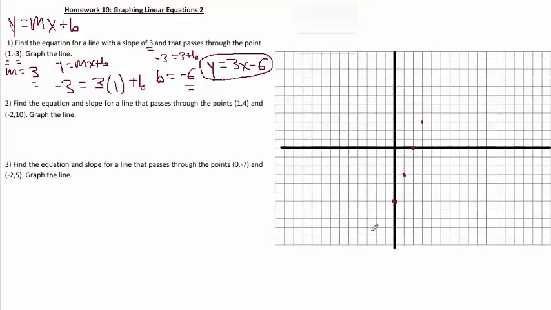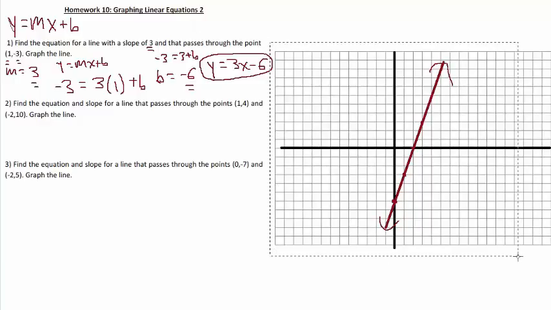And then we go ahead and draw the line, and that is our line. Of course, we could put arrows on the ends, write the equation if we like, but this will be the line. Okay, that is number 1.